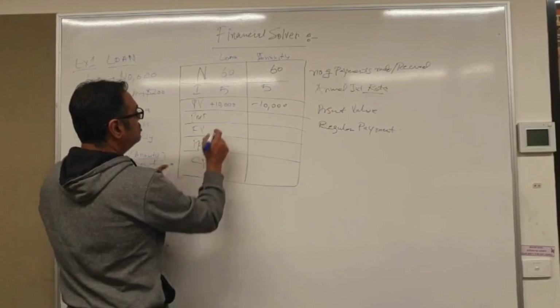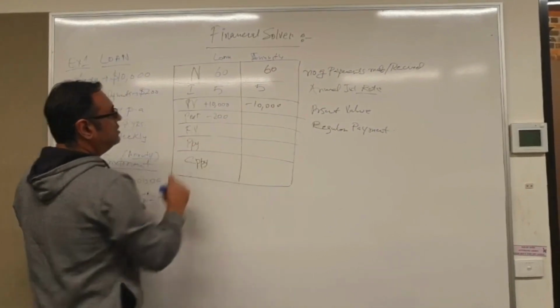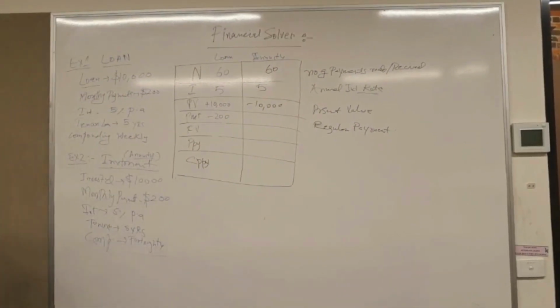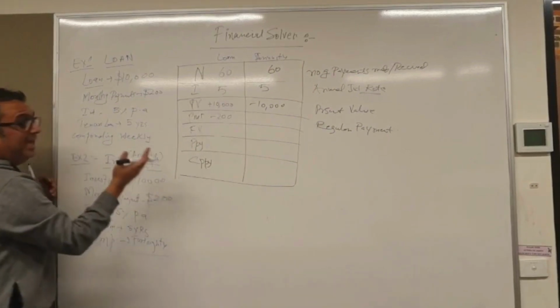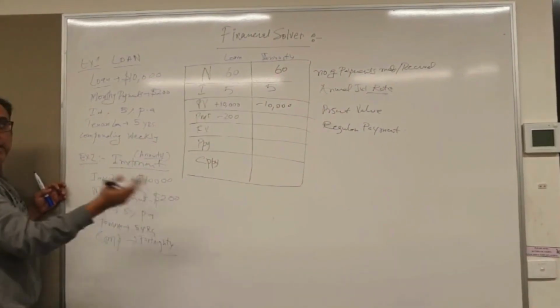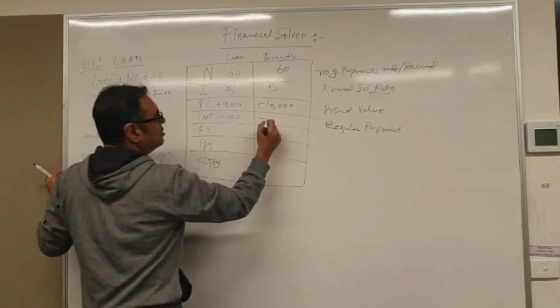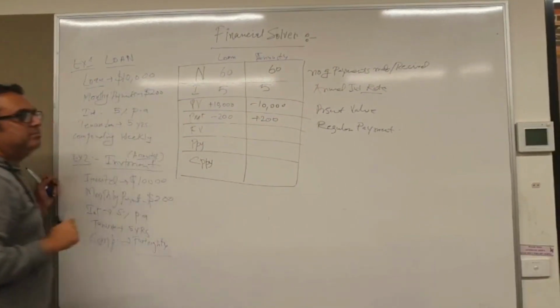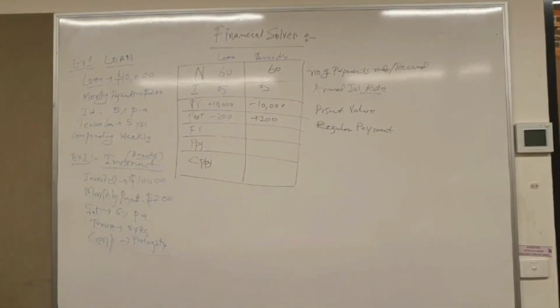So for loans, it is minus 200. And even for the annuity, the investment, the bank is paying you. So it's positive 200. All good so far with me?